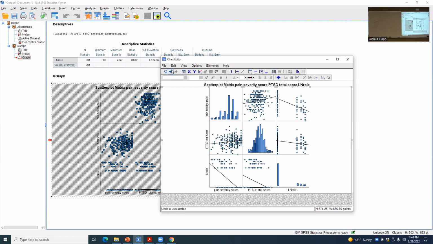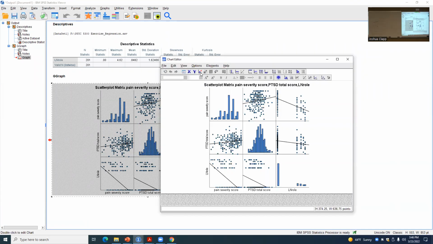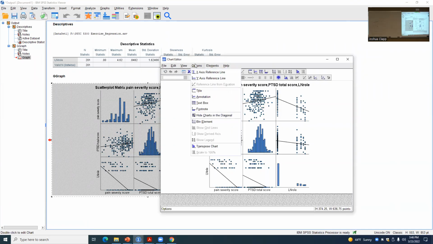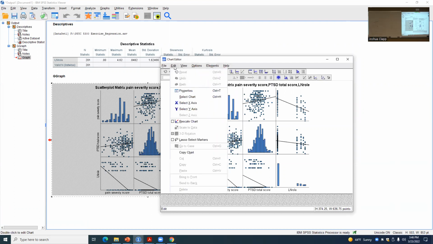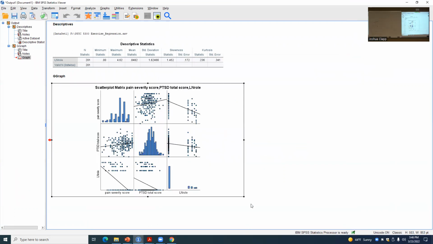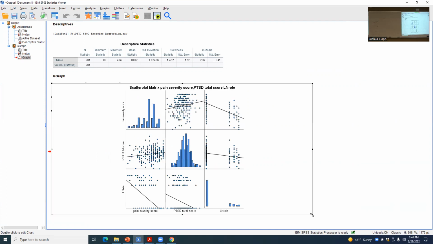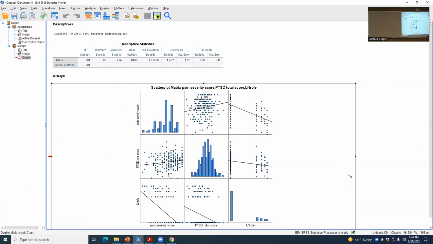Then I'll make the plot just a little bit bigger so I can see what's going on with everything. So just kind of stretch this out.